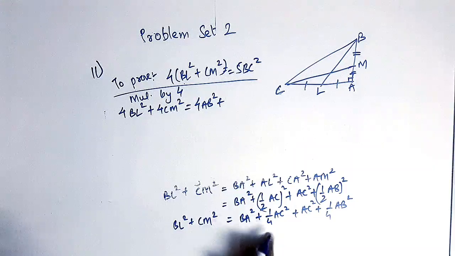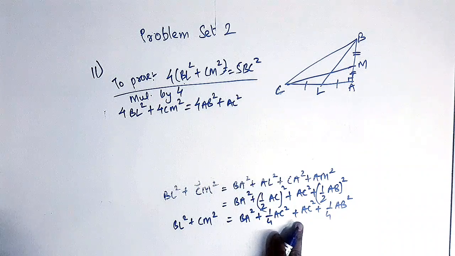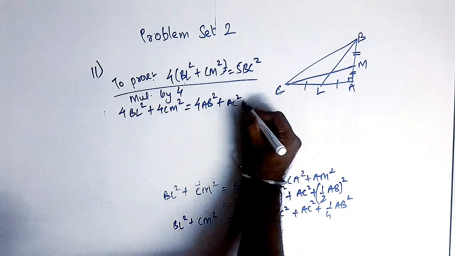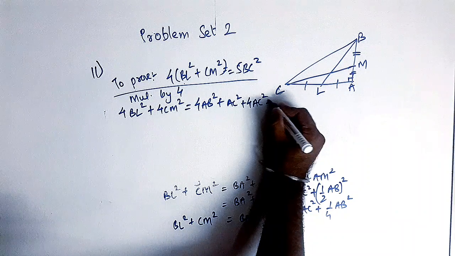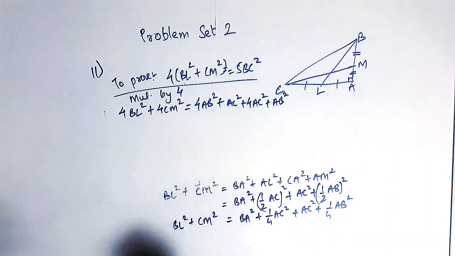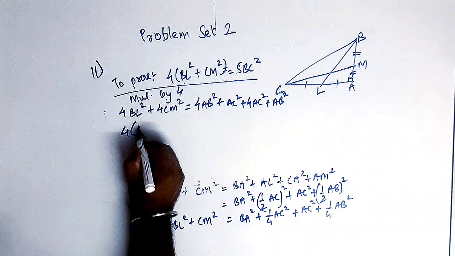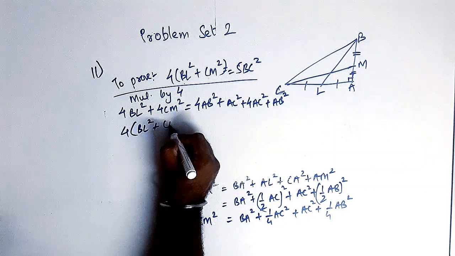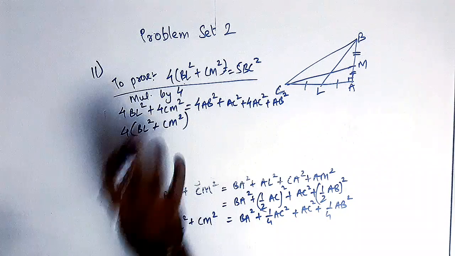Here 4 will get cancelled, AC square. Here it will be plus 4AC square. Here 4 will get cancelled, so only AB square remains. Now I'll take 4 common, BL square plus CM square. Okay, LHS at least we have reached.